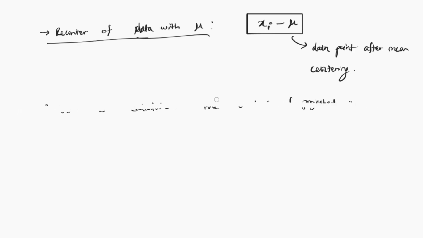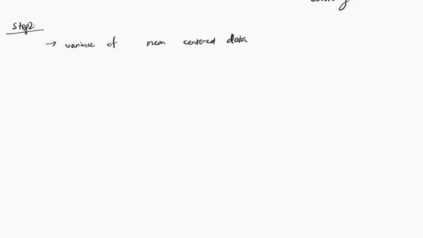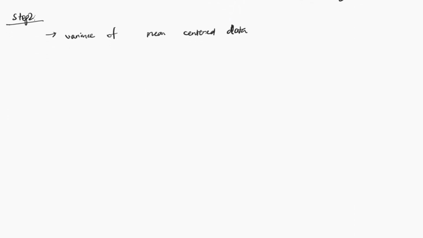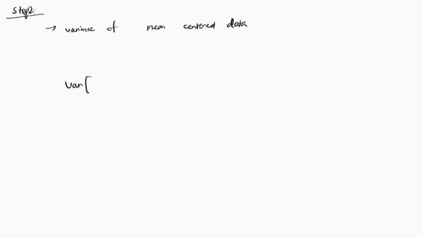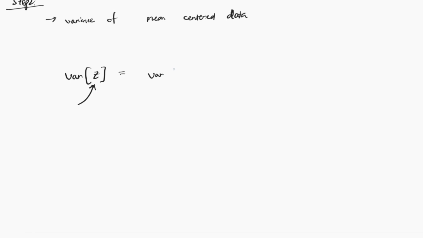Now let us calculate the variance of the mean centered data. We performed the mean centering in step 1, and in step 2 we are trying to find the variance of this mean centered data. We will write it as the variance of z, the new dimension, and we will project this mean centered data onto the new space.